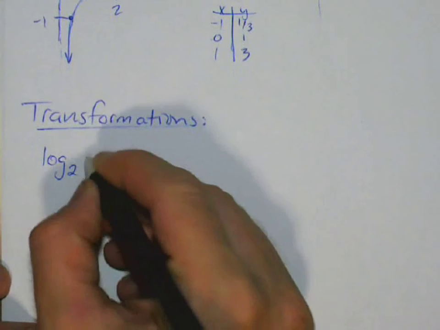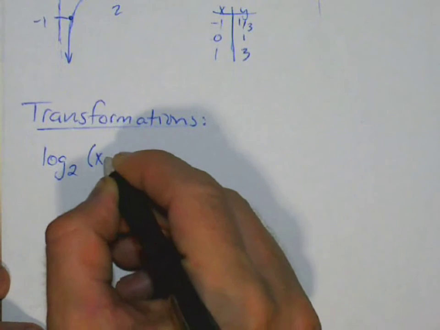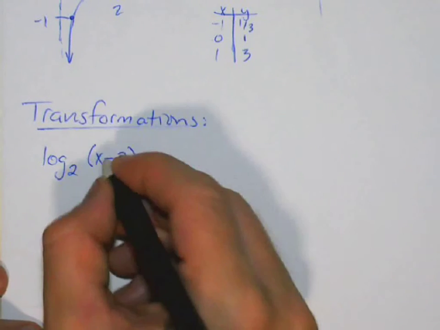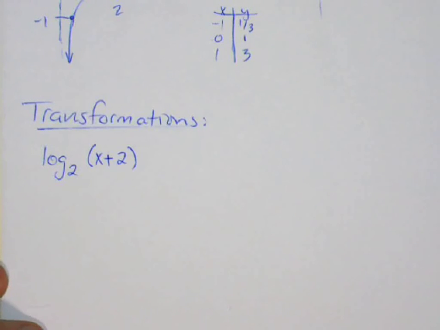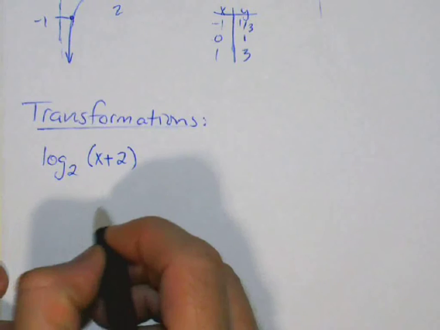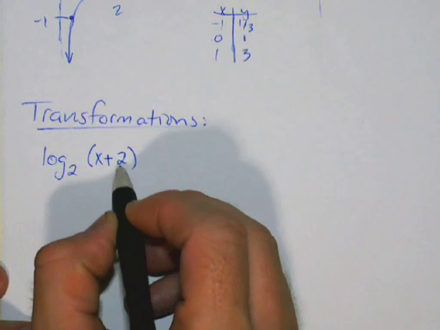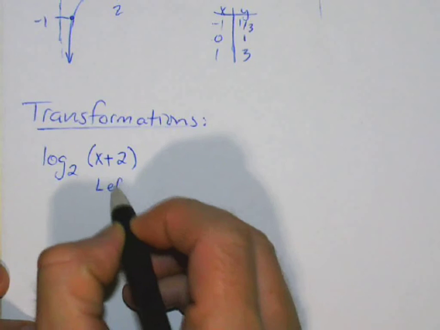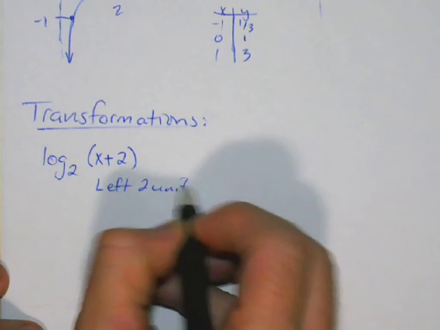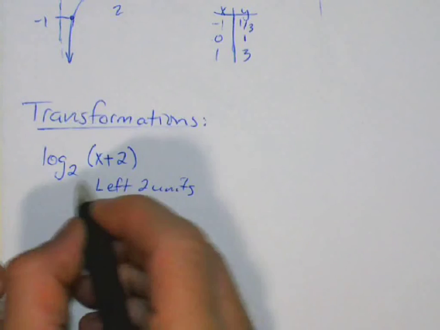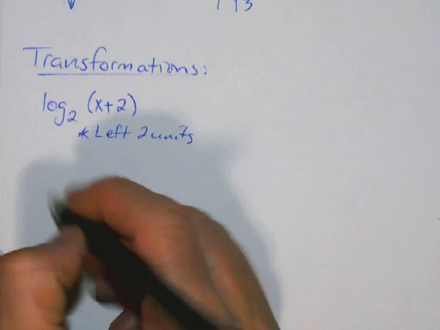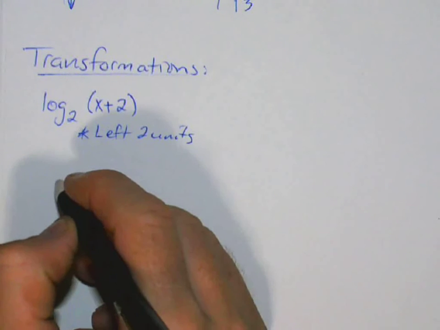Let's say log base 2 of x plus 2. It's an easy change. Well, we know that the plus 2 on the inside of a function moves it left 2 units. We should know that. If you don't know that, go back and refresh yourself from one of our sections of chapter 2, or even chapter 1, I think.